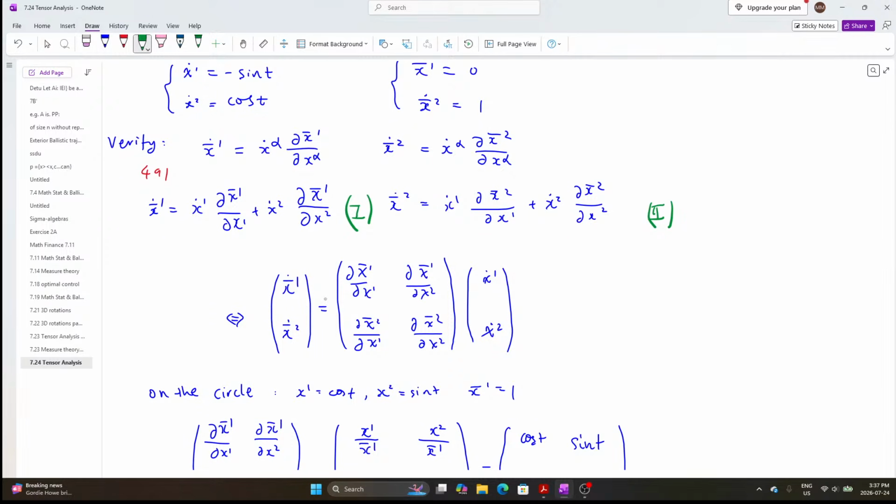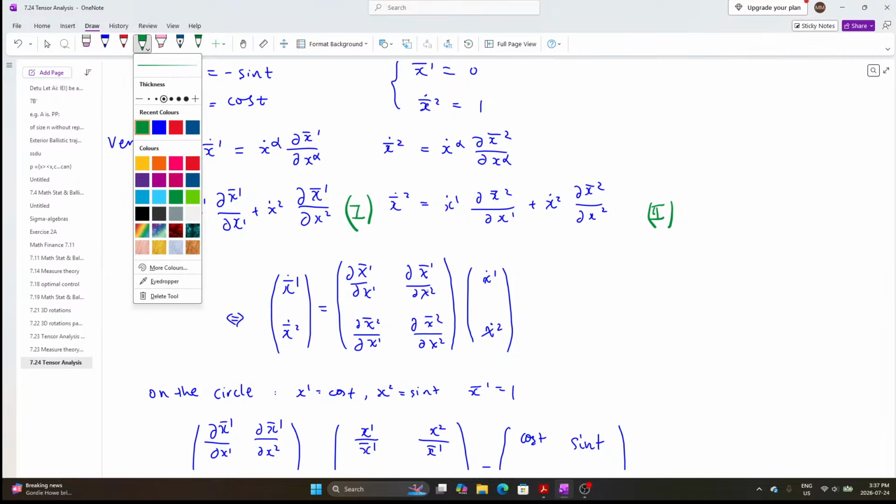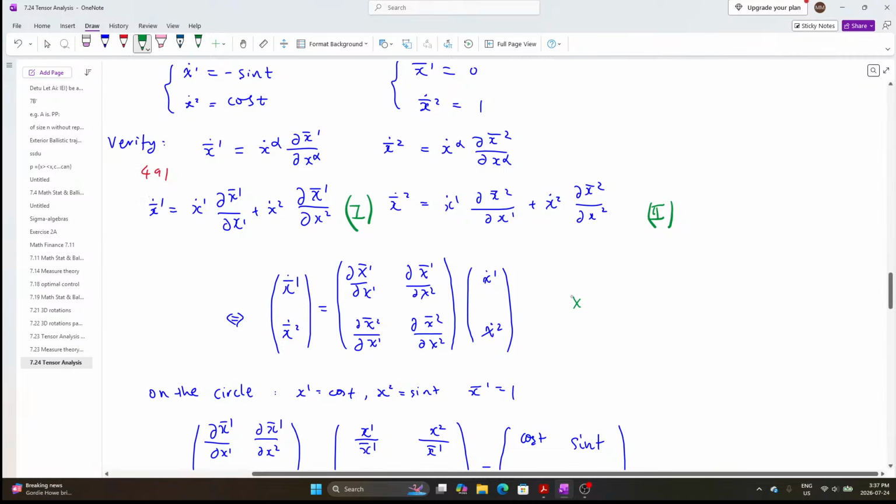If you take the transpose, then it would transpose the Jacobian. No, that's not what we wanted. So it has to be like this. So imagine if you change this into a row vector notation. So let's say you have x bar dot 1, x bar dot 2.